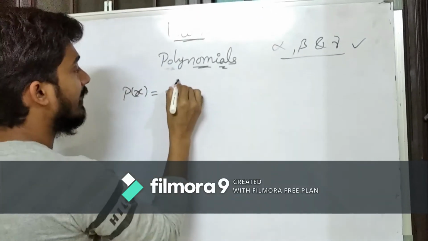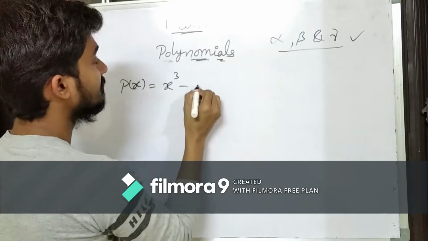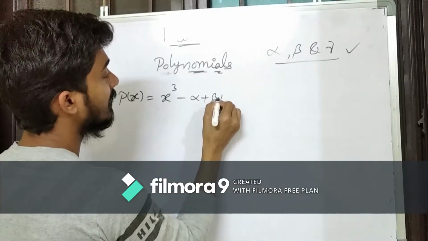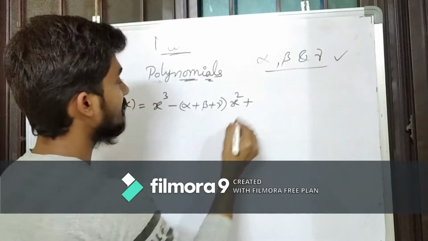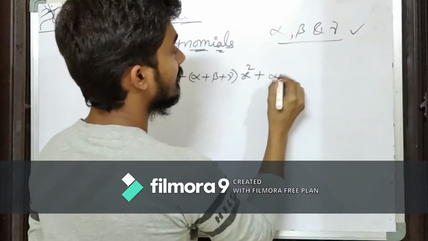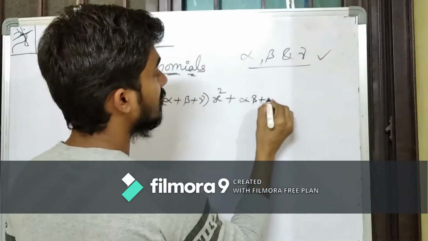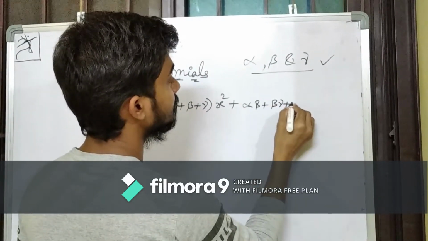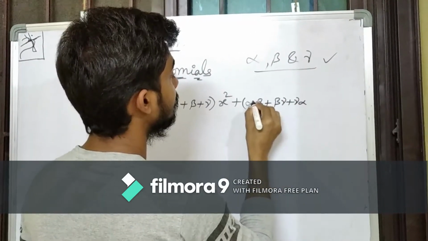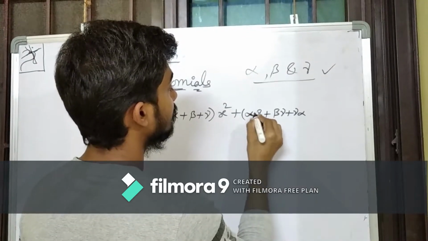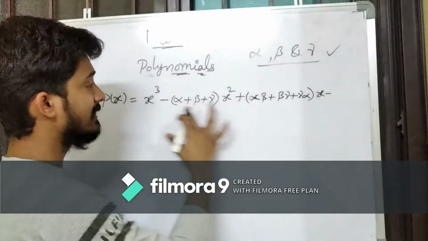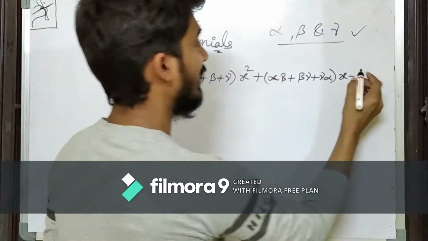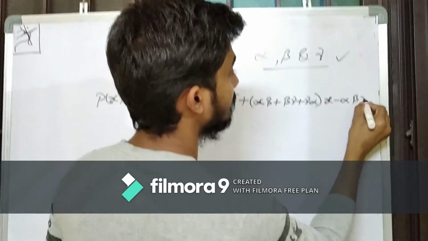So that's why it is x cube minus the sum of the zeros into x square plus the sum of the product of the zeros into x, minus the product of the zeros.